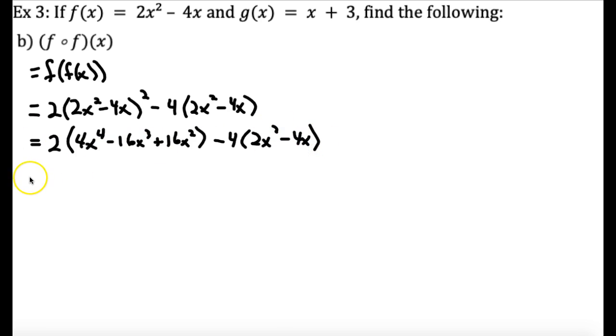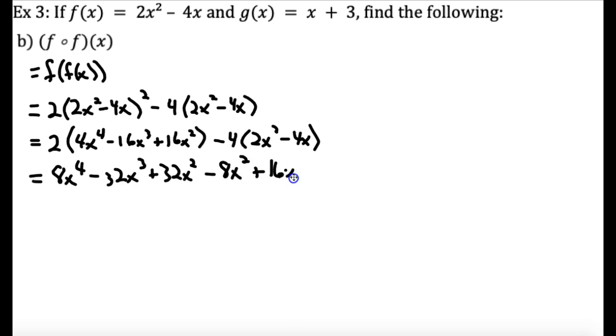Then go ahead and distribute here. So we'll get 8x to the 4th minus 16x, whoops, not minus 16, minus 32x cubed plus 32x squared. Distribute this negative 4, so minus 8x squared plus 16x.